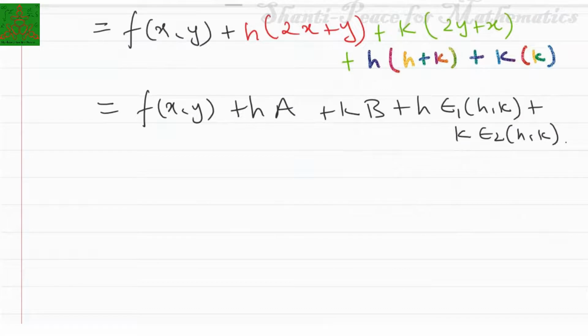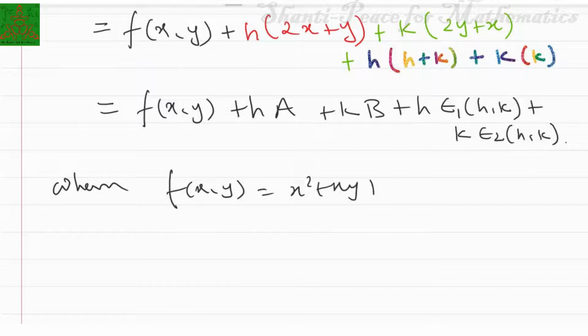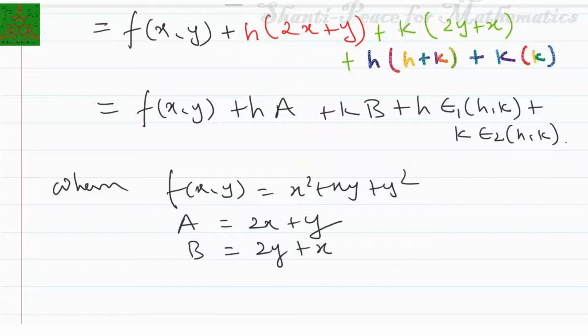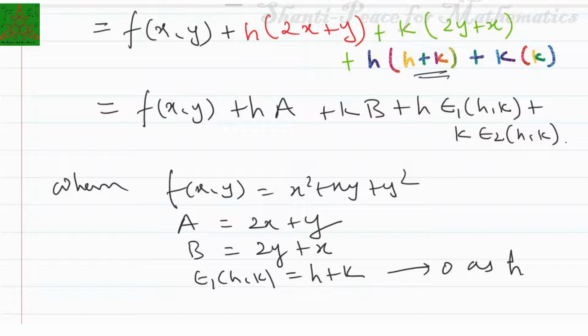Where, what is f of (x, y)? You know it is x square plus xy plus y square. What is a? That is 2x plus y. What is b? Which is 2y plus x. What is this epsilon? That is the error term. Epsilon 1 is nothing but h plus k, which tends to 0 as h and k tend to 0.